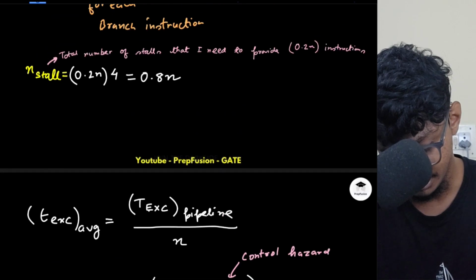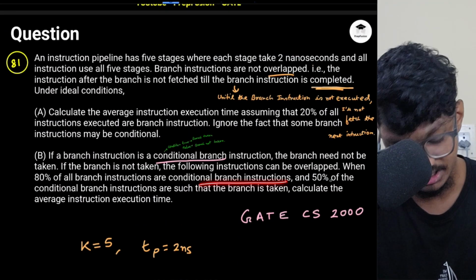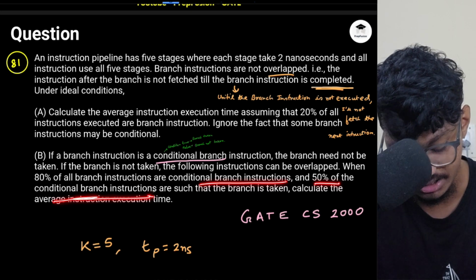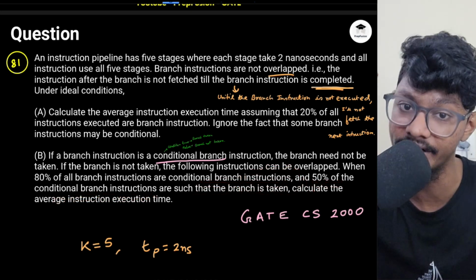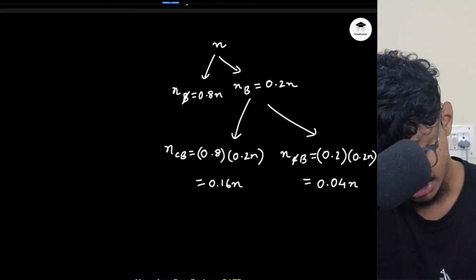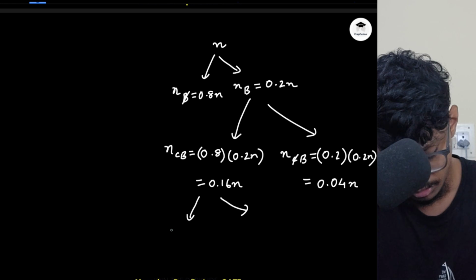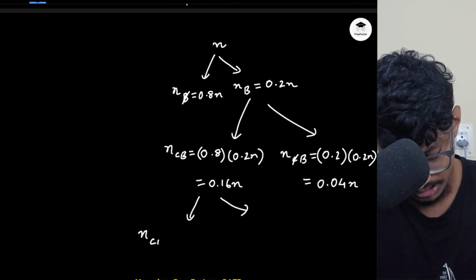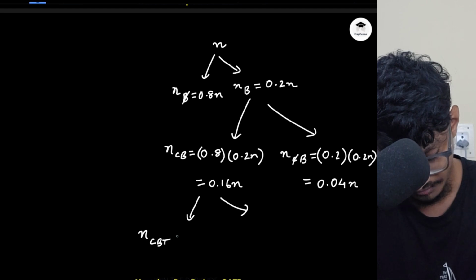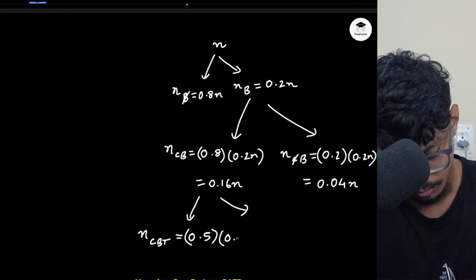Okay, and next, what are they telling me? Out of this conditional branch instructions, 50% are such that the branch is taken. So conditional branch taken will be 0.5 into 0.16n.